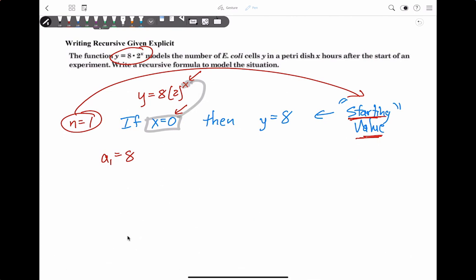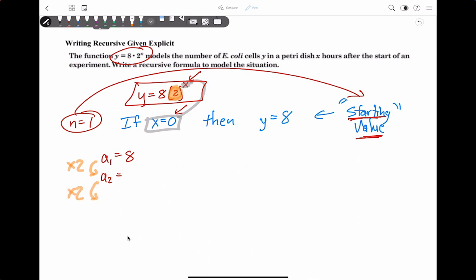So if I were to keep going from this explicit model, a sub 2 is going to take this 8 that we have and multiply by 2, because each jump is times 2.